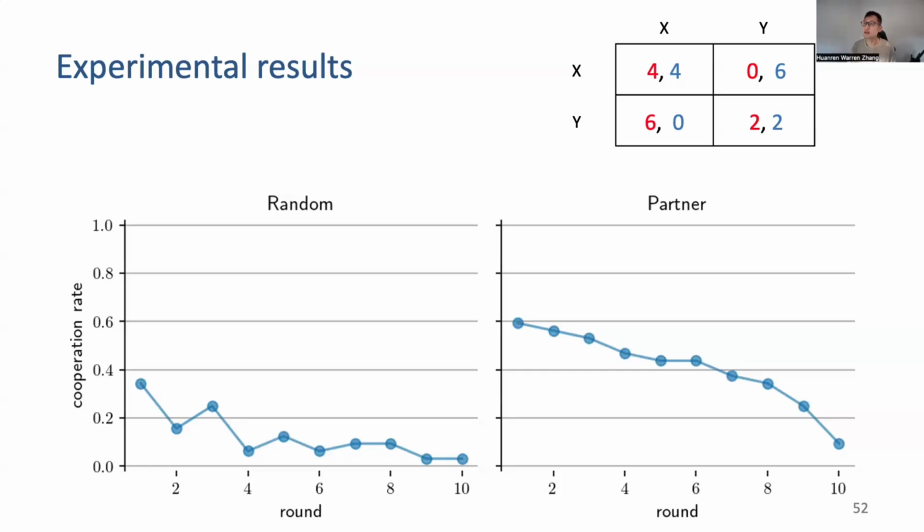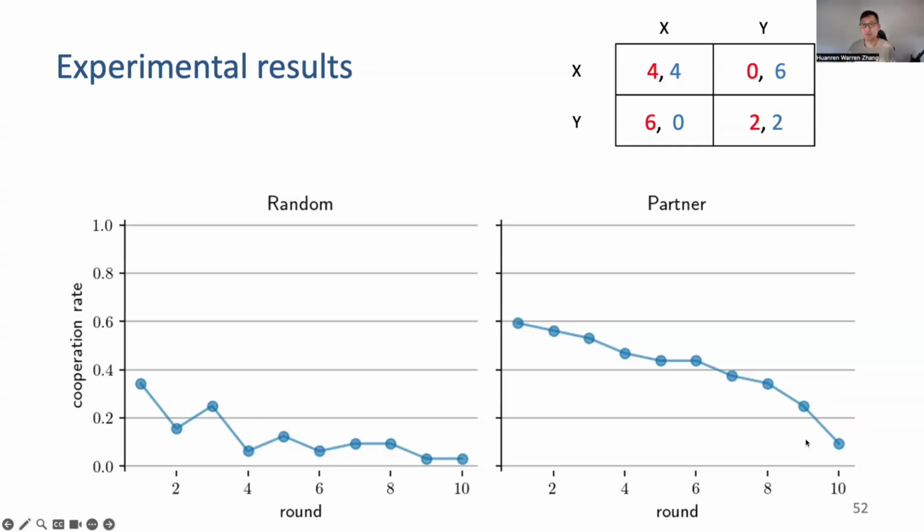But if you look at the partner matching, meaning that you will interact with the same opponent for 10 rounds, the cooperation rate is significantly higher. It's more than 50%, close to 60%. But we do see that towards the end of the interaction, the cooperation rate drops to very low. So this is the so-called end game effect.